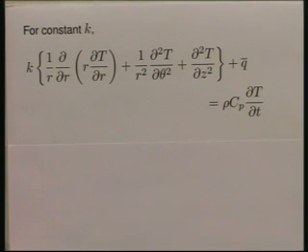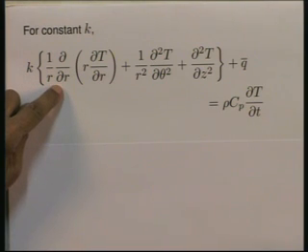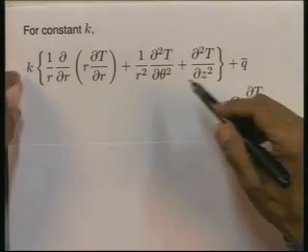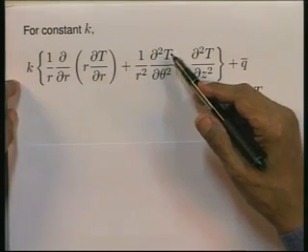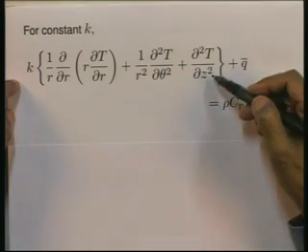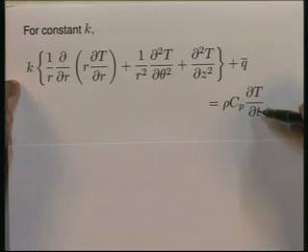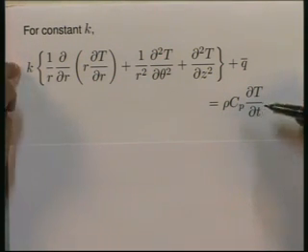This is the differential equation that we have: k into 1 by r d/dr of (r dT/dr) plus 1 by r squared d2T/d theta squared plus d2T/dz squared, close the bracket, plus q bar is equal to rho Cp dT/dt. This is the differential equation you will get for cylindrical coordinates.